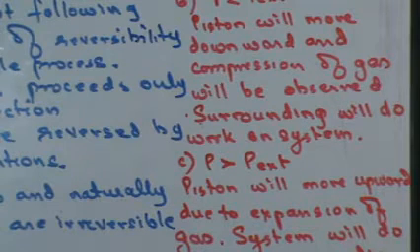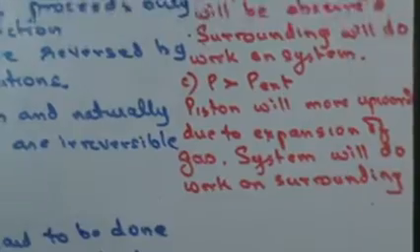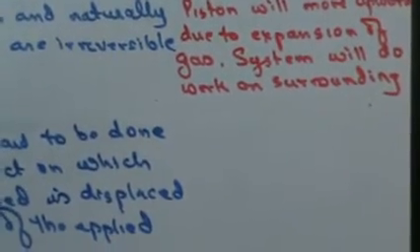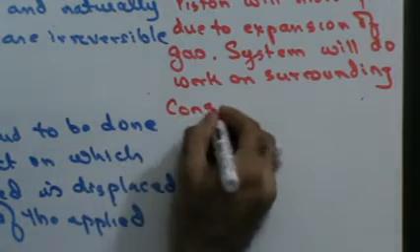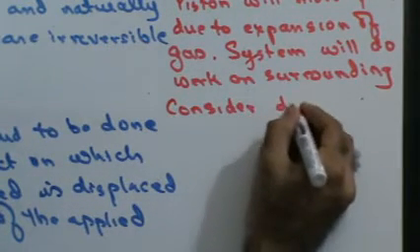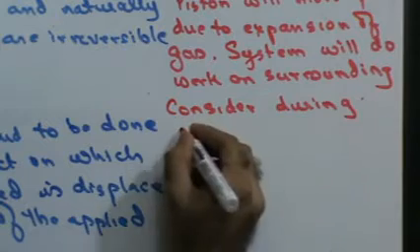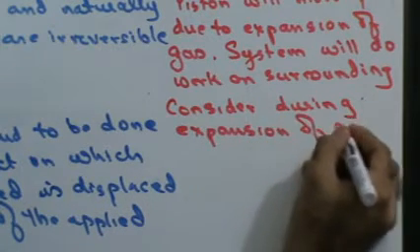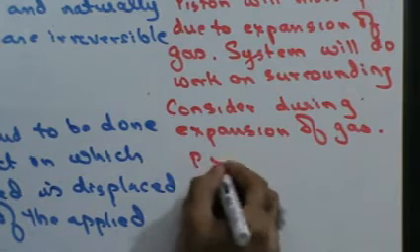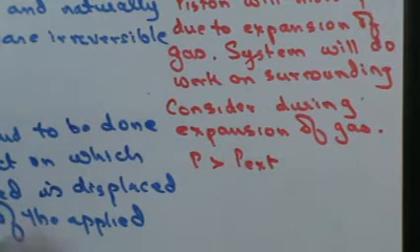Right? Now, we know that work is defined as the product of force and displacement. Now let's consider during expansion of gas. During expansion of gas, P will be greater than P external.